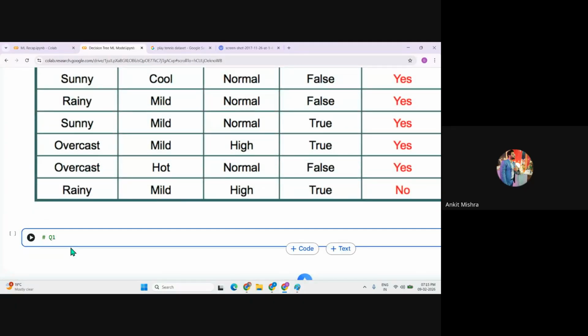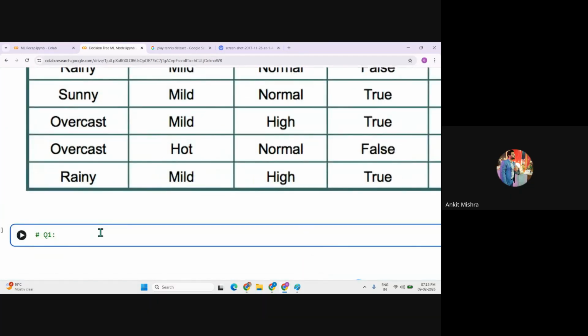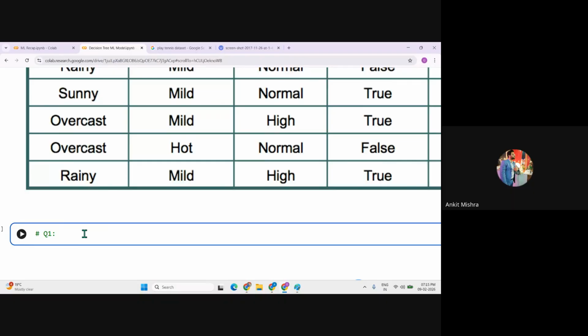Question number one: you have four candidates, and you have to select the right candidate for the prime minister post, right? The first candidate is candidate one. Let me take the example of their IQ, the mental state, okay?